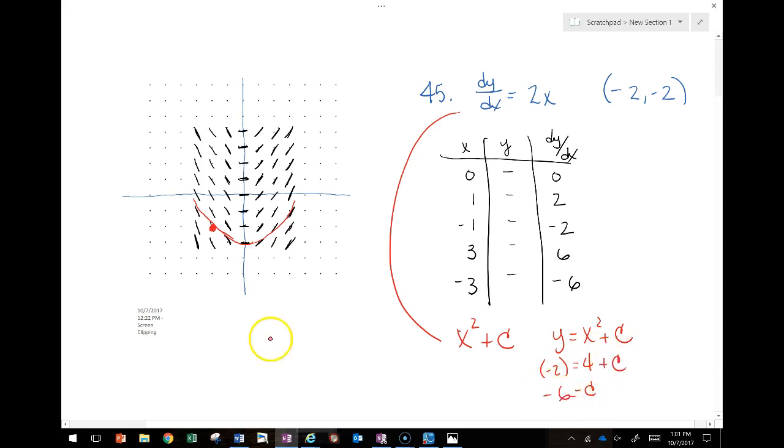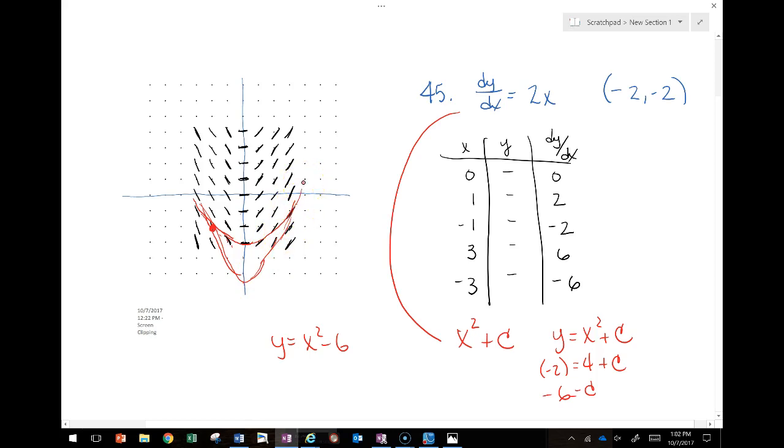And so the solution is y equals x squared minus 6. And I didn't come quite down far enough, did I? I should have had something that looked a little bit more, let's see, 1, 2, 3, 4, 5, 6, where my slopes would look a little bit more like this. Ugh, that's awful.